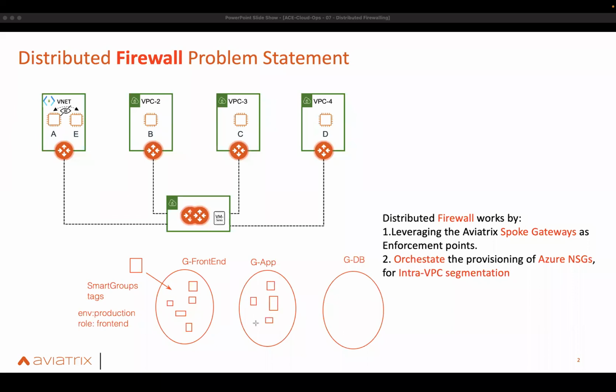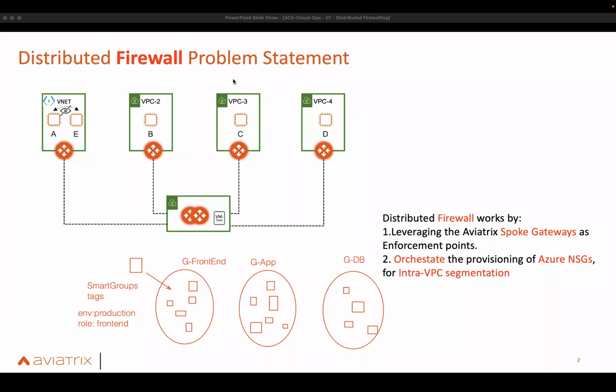And the nice thing about using tags is even if you're doing something like infrastructure as code, and you provision tomorrow another instance that has the same tag, that instance is going to be directly carried over into the relevant group.